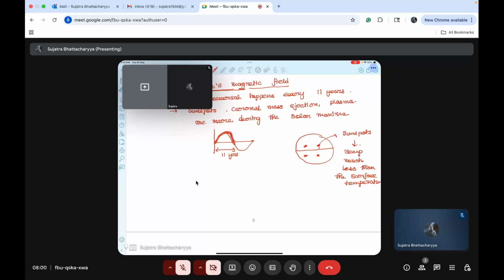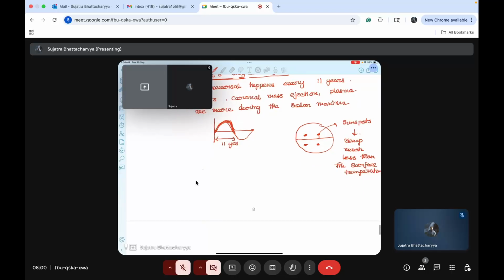Okay. The center of sunspots is called the umbra, which is 4500 Kelvin, and the edge is called the penumbra, which is 5500.